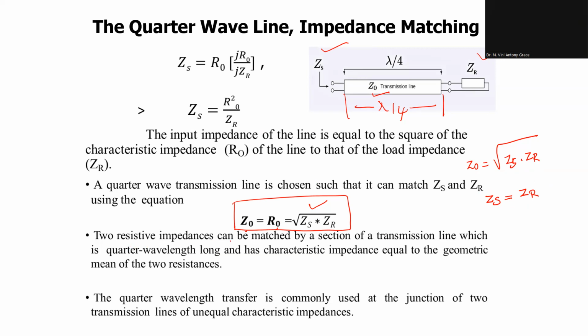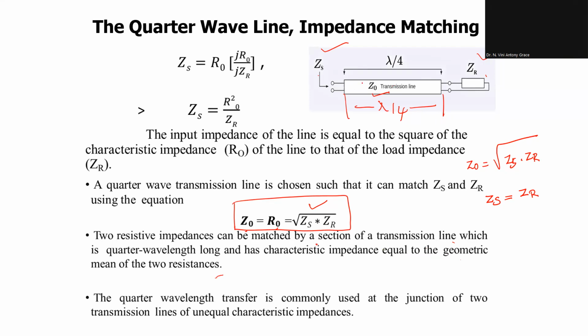The two resistive impedances, ZS and ZR, can be matched by a section of a transmission line which is quarter wavelength long. It should be of length lambda by 4, quarter wavelength long, and has a characteristic impedance equal to the geometric mean of the two resistances.